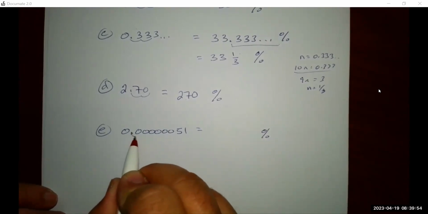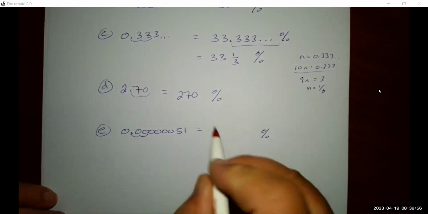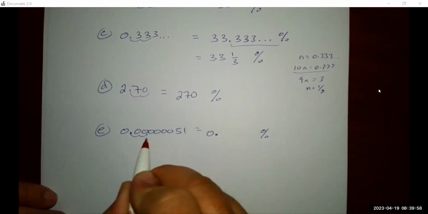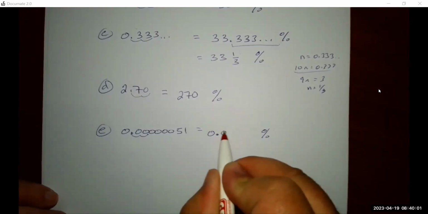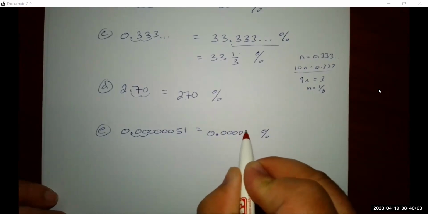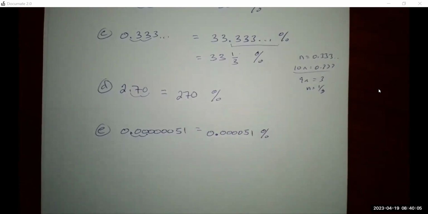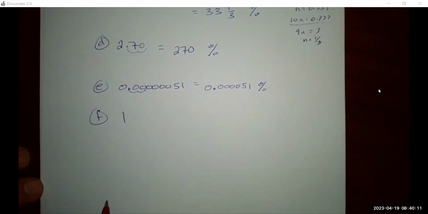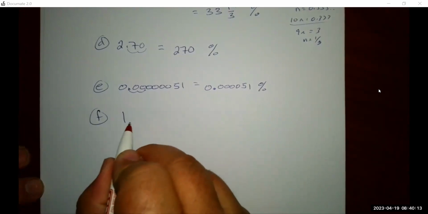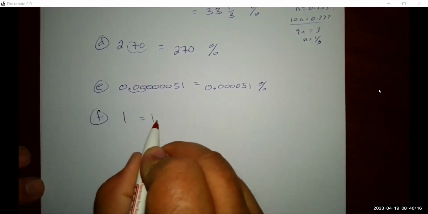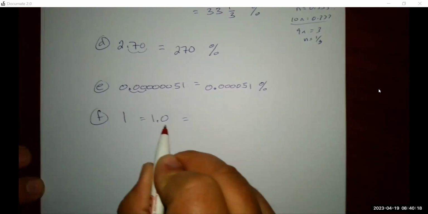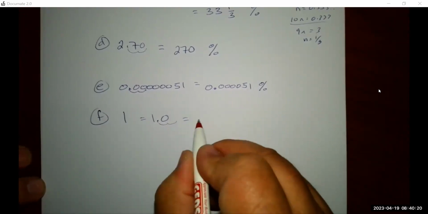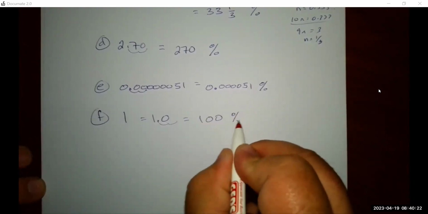Move it 2 to the right: 1, 2. So we have 0.1, then 4 zeros, and then 5, 1. What is 1? This number is the same as 1.0. So you have to move it over. So it's 100%.